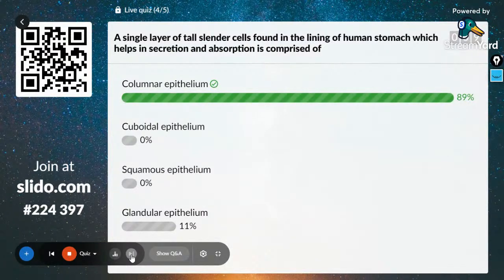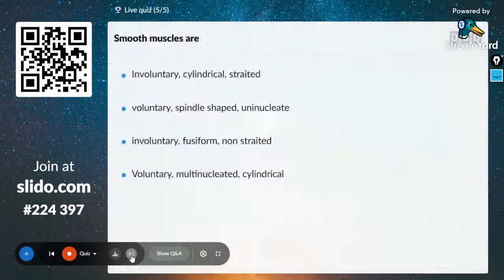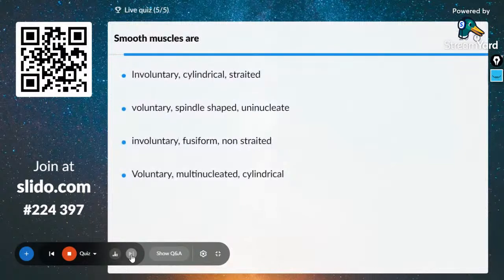It's not the glandular epithelium. It's the columnar epithelium. Last and final question on your screen, and let's see who is today's mentee winner.